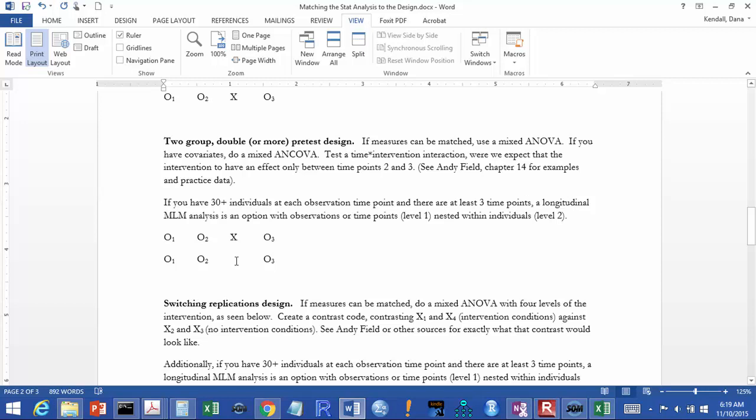For the mixed ANCOVA, again, Field has some good stuff on that. So just follow the instructions that he gives in that book. Basically what he has us do is look at the, we don't have to create it, thankfully, in this analysis like we do in regression. So it's really helpful. You just look at the time multiplied by intervention interaction, basically. And we would expect the intervention to have an effect only between time points 2 and 3.